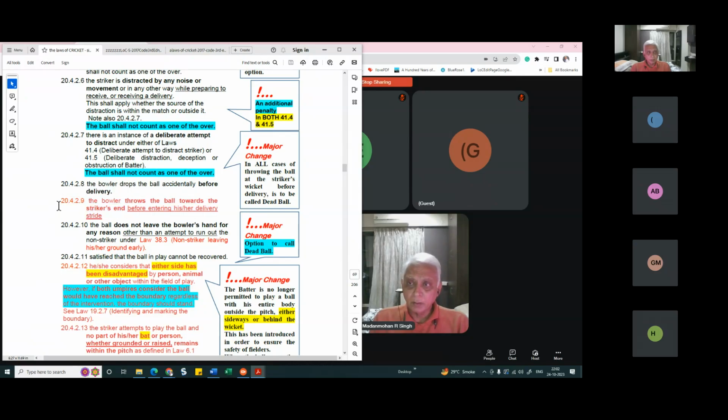Now, I was in some ways connected with this, in the sense that I had some interaction with the MCC about a solution to this, and I had suggested a lot of things, because over the decades there were a lot of things in this particular situation which were not answered by the law. For example, suppose the bowler throws the ball at the striker who is standing outside his crease before the delivery stride.